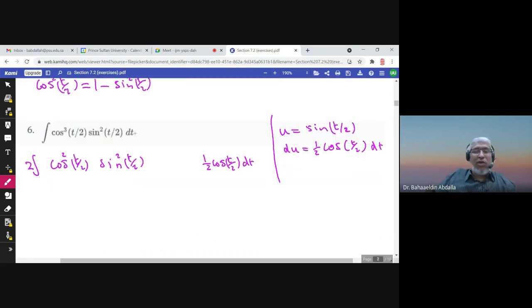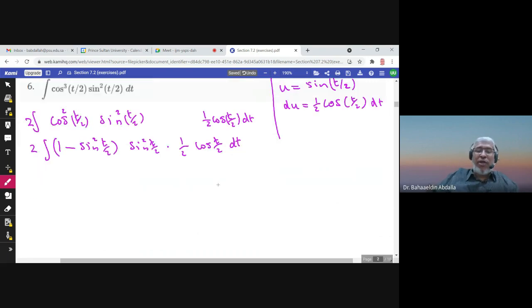Okay, so I can write it 2 times 1 minus sine square t over 2 times sine square t over 2 times half cosine t over 2 dt, and I am ready now to change the question to u.